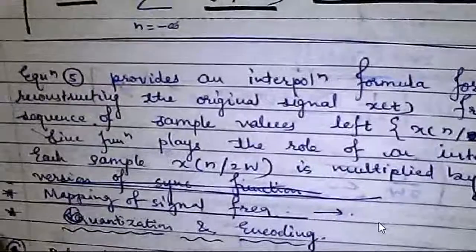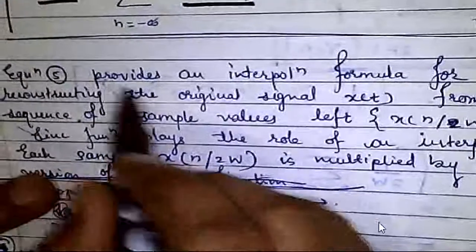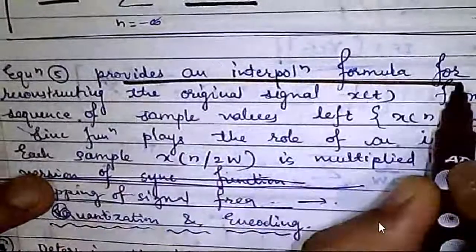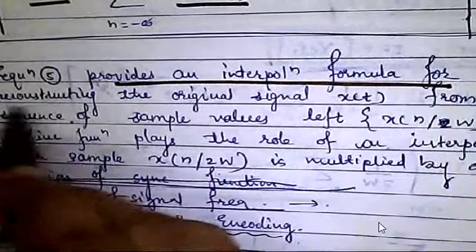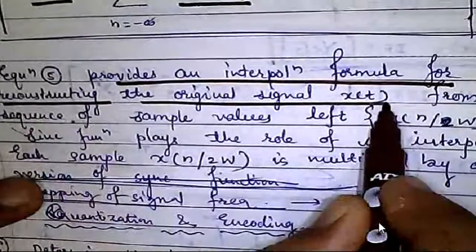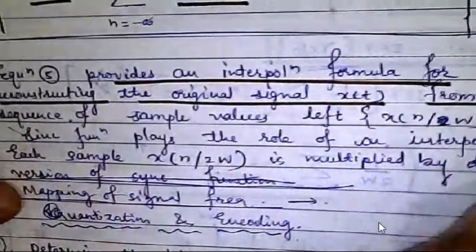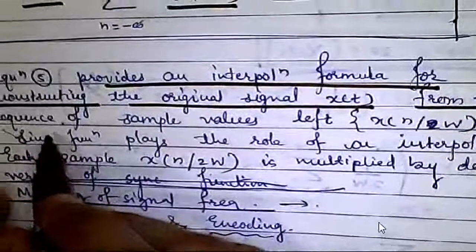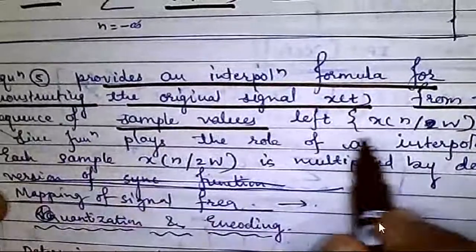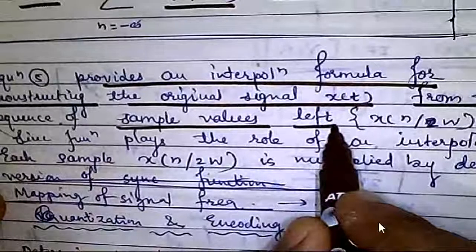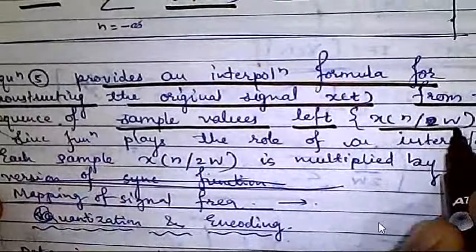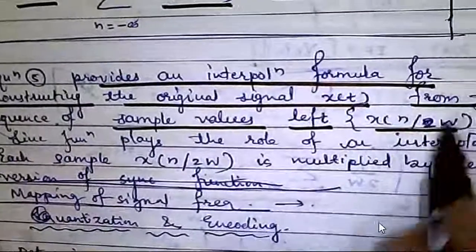From equation number 5, it is quite clear to us that we require an interpolation formula for reconstructing the original signal x of t from the sequence of sample values x of n by 2W.